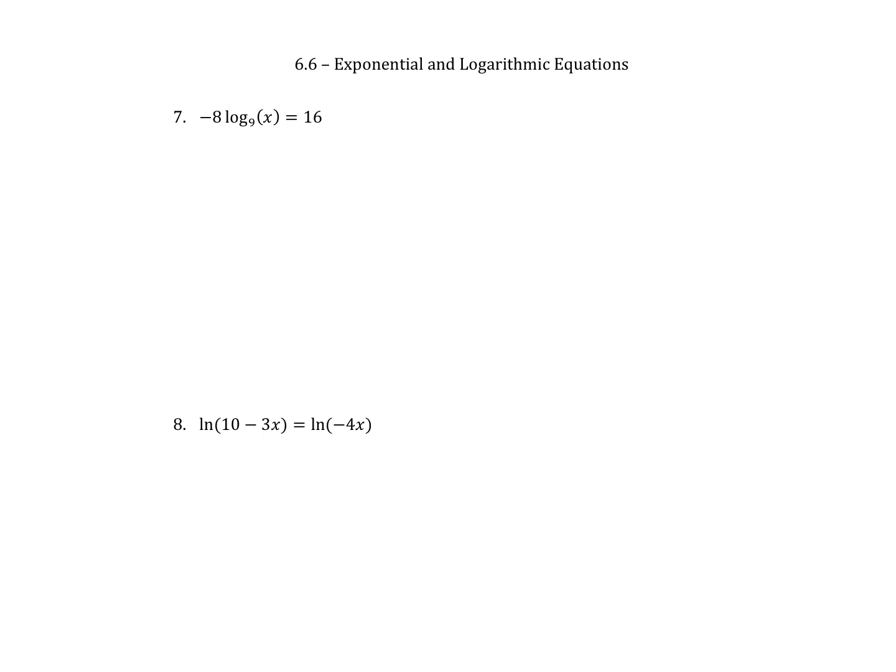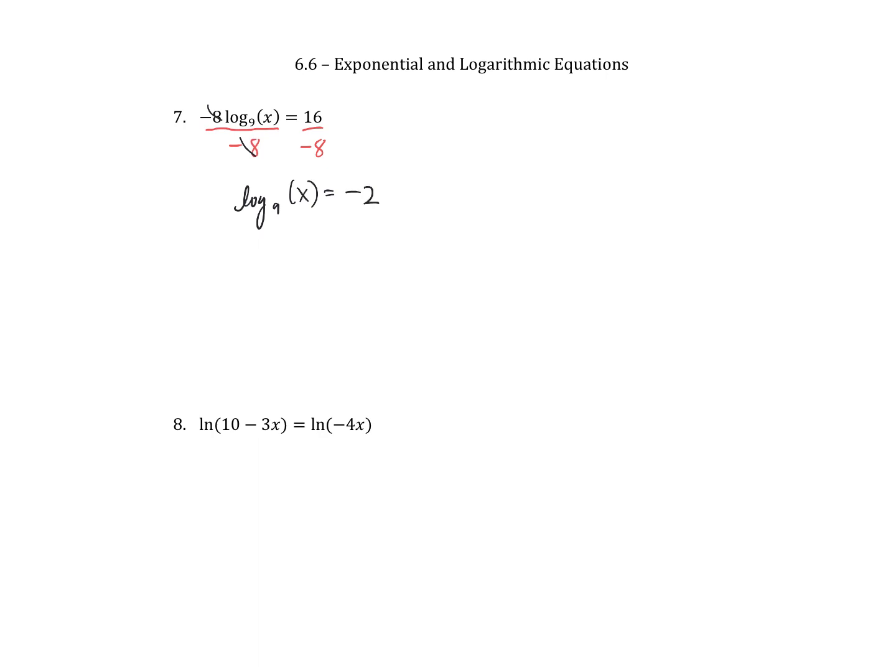So one of the things you can try to do is first see if you only have one log, if you can get the log by itself, and then rewrite it in exponential form. So here we could do that. If I divide both sides by negative 8, I will see that I get log base 9 of x is equal to negative 2.